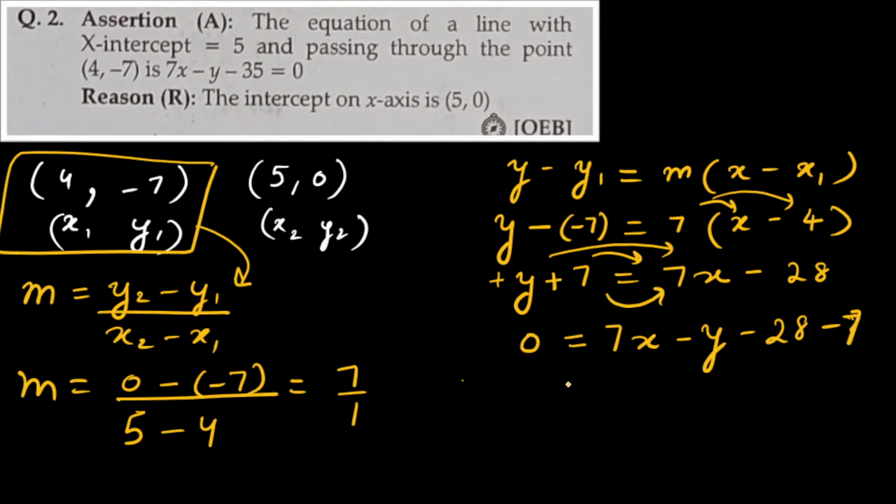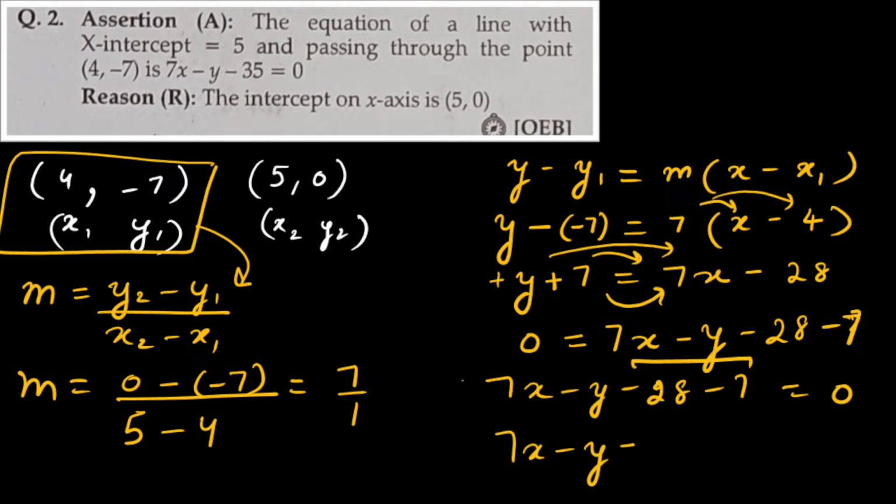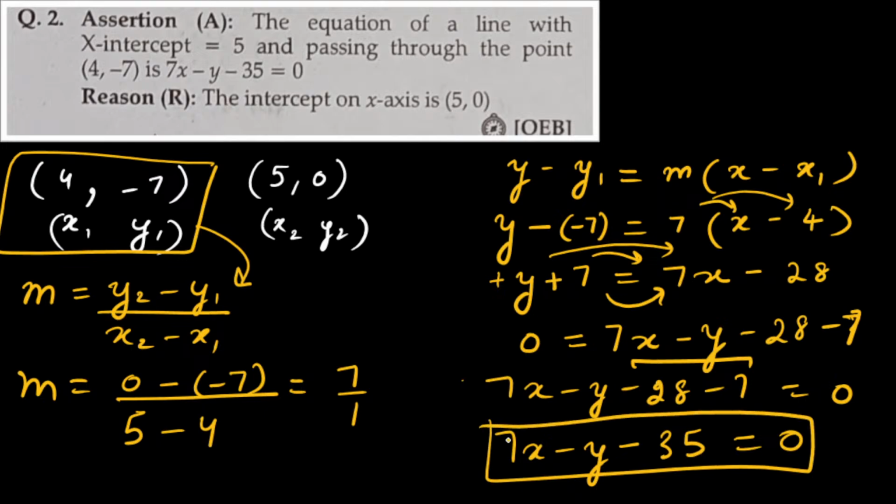Or I can write 7x minus y minus 28 minus 7 is equals to 0. 28 and 7 are like terms, so 28 plus 7 is 35, with a negative sign. So 7x minus y minus 35 is equals to 0. This is the same equation given to us in the assertion statement as well. So A is true.